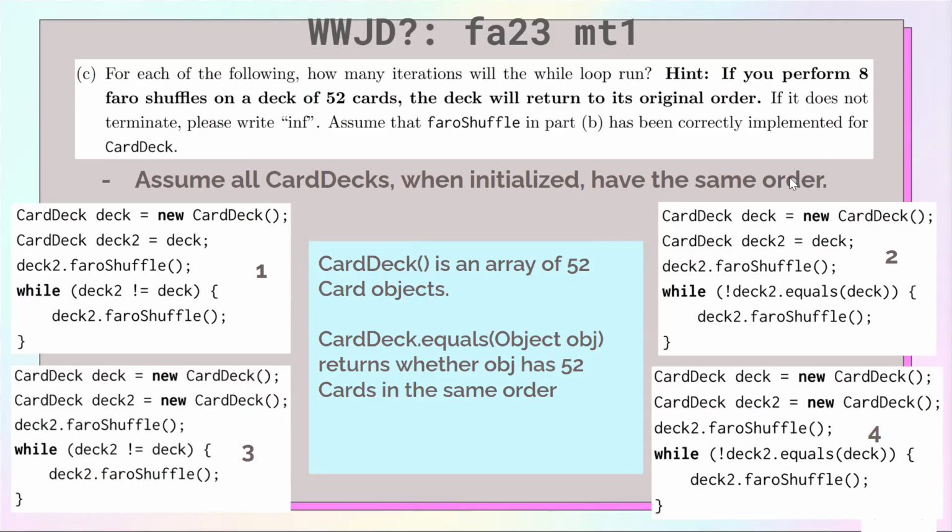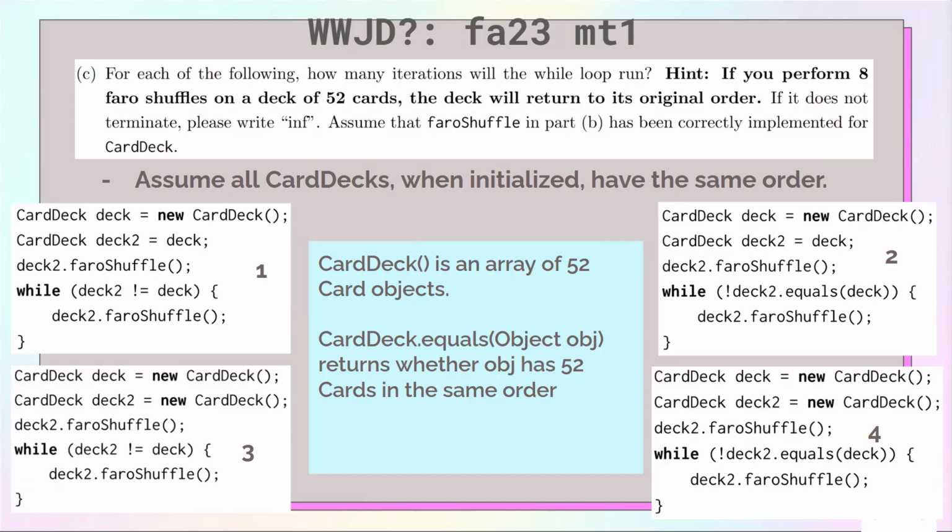In each of these while loops, they intend to let the cards go back to their original order, so that's the condition for stopping the loop. However, their variables are assigned differently. Try to see how many times the loop will run for each of these four implementations.